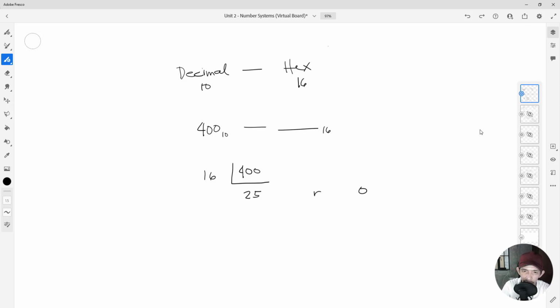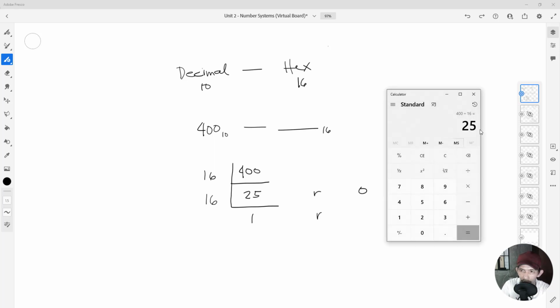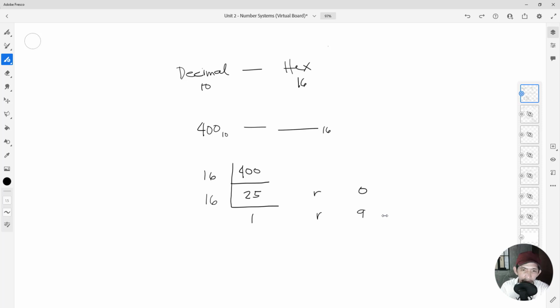Then we're going to divide 25 by 16. Isa lang ang magkakasya dyan, so that means we have a 1. And then the remainder, kapag minus natin si 16 sa 25, is 9.